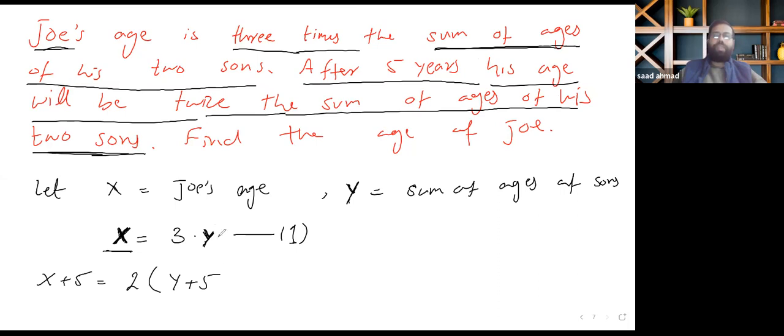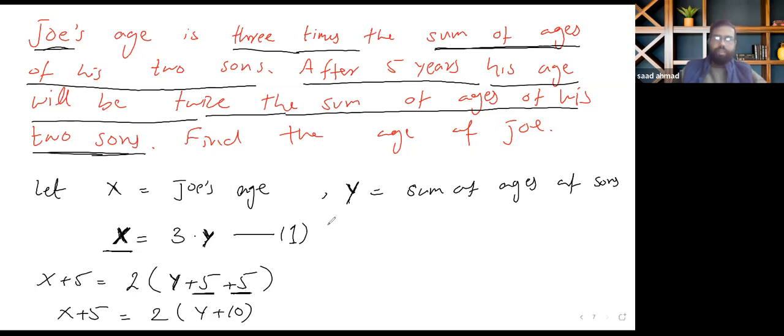Each one will increase by 5, so y plus 5 plus 5. So 5 for the 5 years for one son and 5 for the other son will add up in the sum here. So x plus 5 equals 2 times y plus 10.